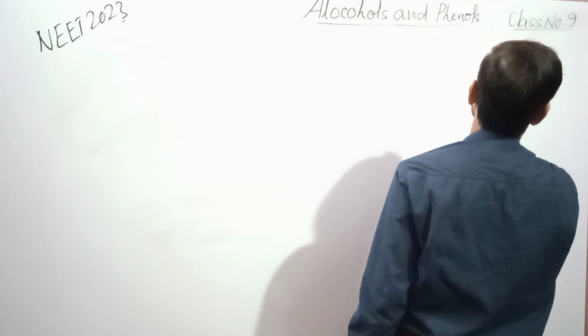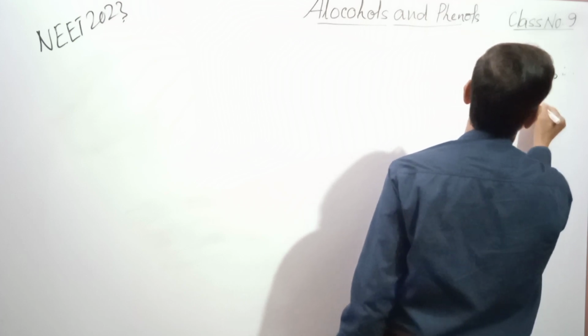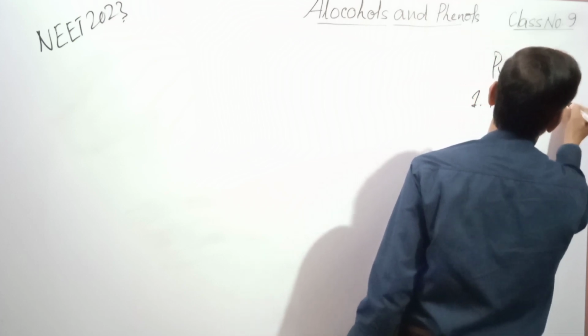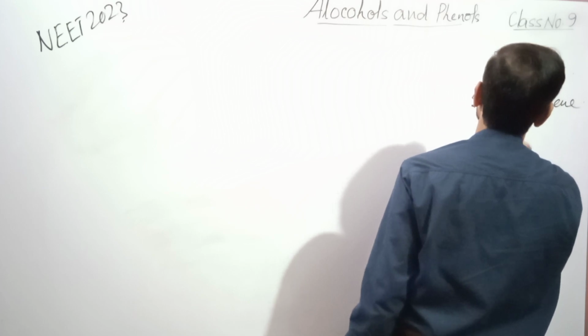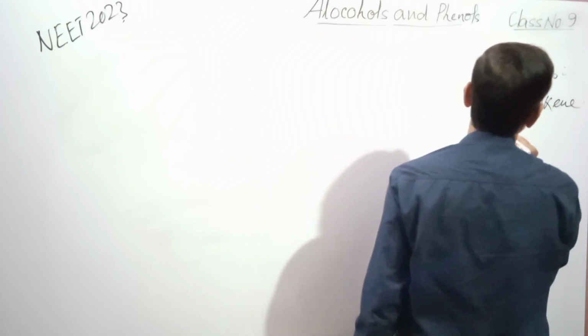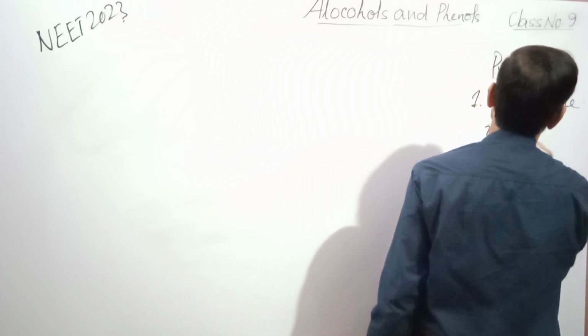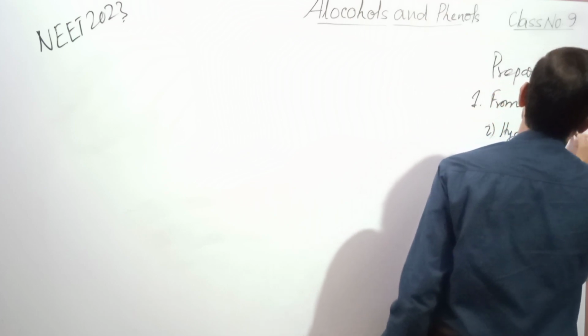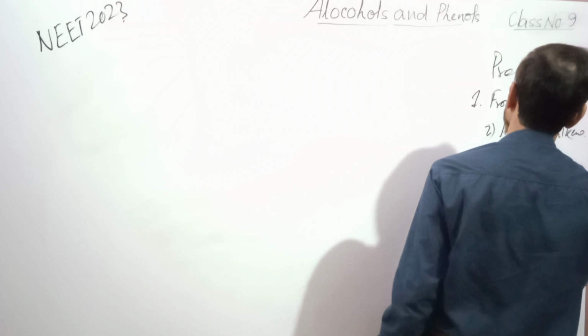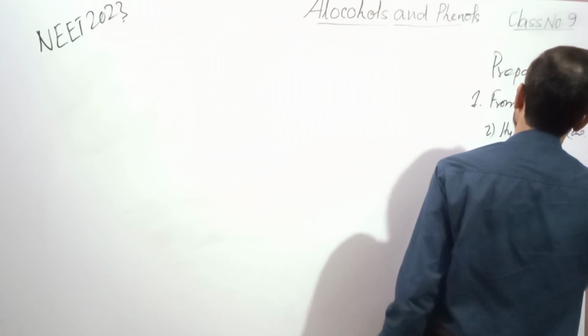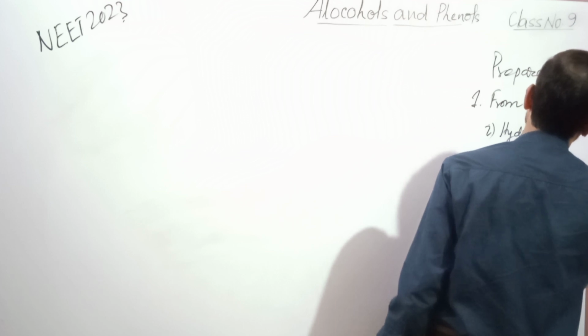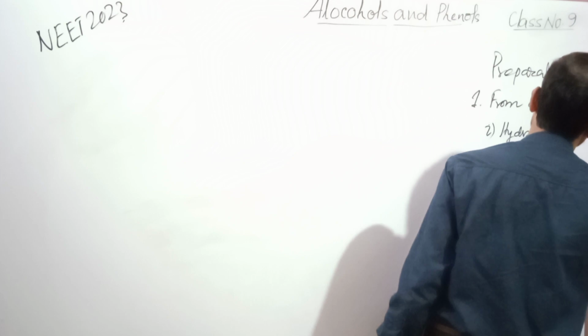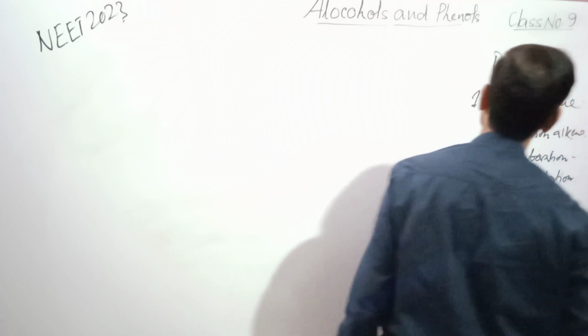One is from alkene, and from alkene it is divided into two parts. One is hydration of alkene, and the second one is hydroboration oxidation. Very simple, this is not tough.